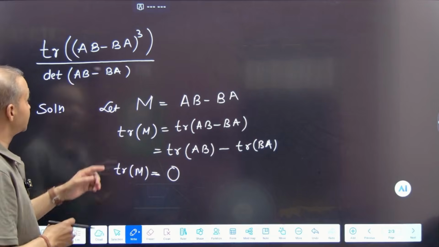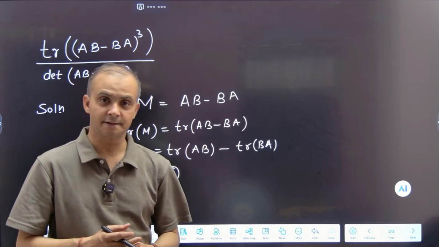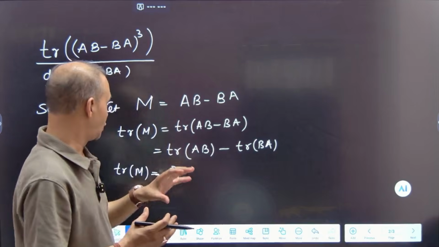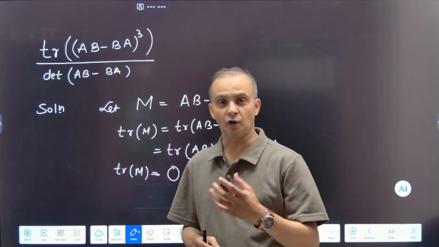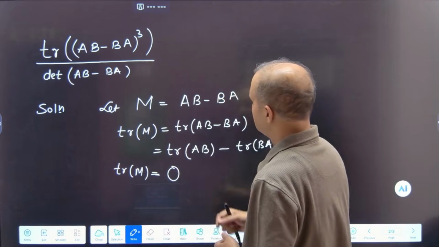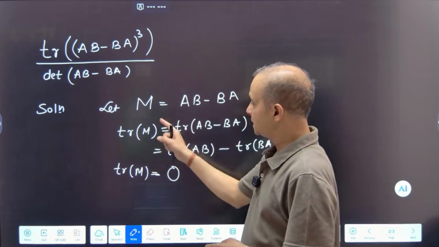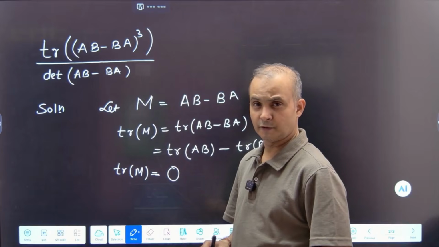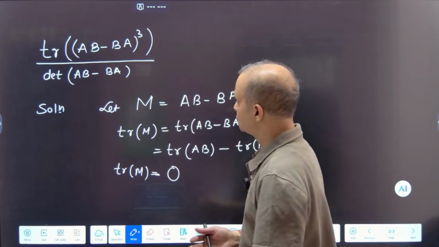Now since A and B are 3 by 3 order matrices, the composition we found, the matrix M, AB minus BA, is also of the same order. It means if I want to write the characteristic equation of the matrix M, it should be a cubic equation. So we know that.